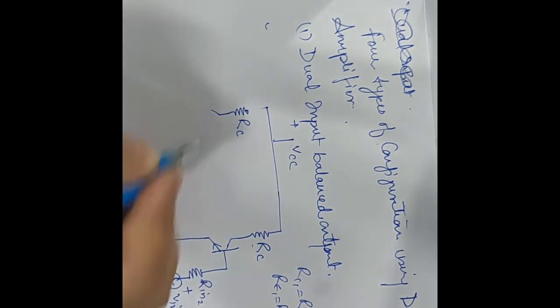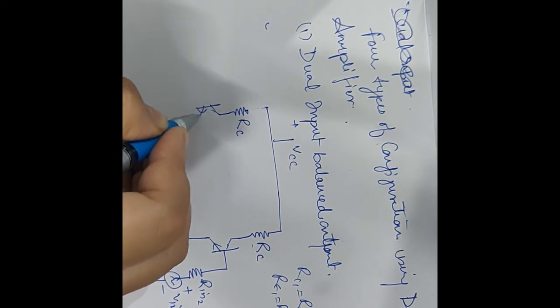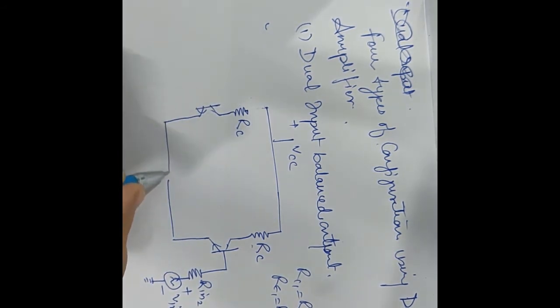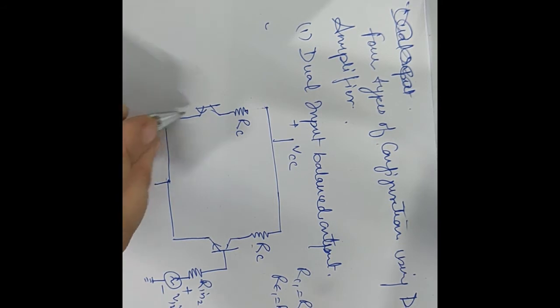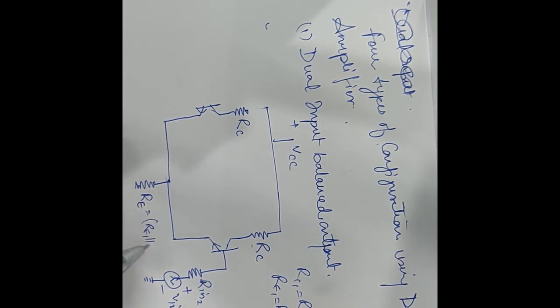So here we have joined the emitter sides, and we have made a common emitter resistance which is nearly equal to the parallel of RE1 and RE2, and we have grounded it, or its supply is nearly equal to minus VEE.